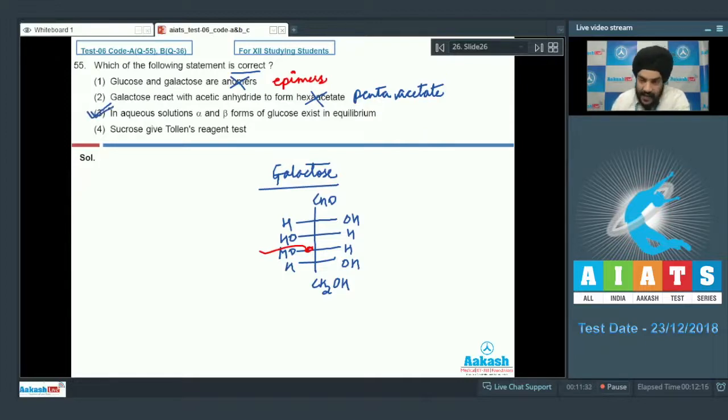The alpha and the beta form are anomers and they exist in equilibrium in an aqueous solution. If you look at the fourth statement now, sucrose gives Tollens reagent test. This statement is incorrect, students. Sucrose is a non-reducing sugar. So, as already seen before, we have to mark option 3 as the correct answer to this question. Let us look at the next question.